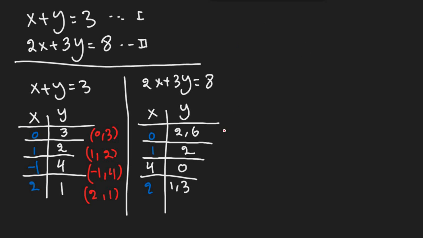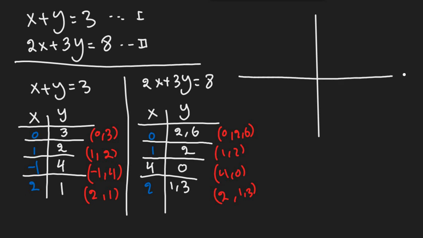Now we have points 0 and 2.6, 1 and 2, 4 and 0, and 2 and 1.3. Let's draw the graph. This one is x and y.